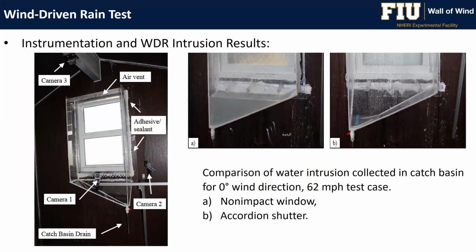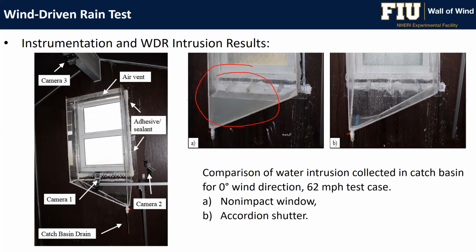This is a full-scale study. It requires more preparation to do something like that. Obviously, when we deal with a full-scale structure, things take a lot more time. But the concept here was to compare the water intrusion collected in the basin behind the window for normal wind direction, about 60 miles per hour, between a non-impact window and an accordion shutter. So we see the first case over here.